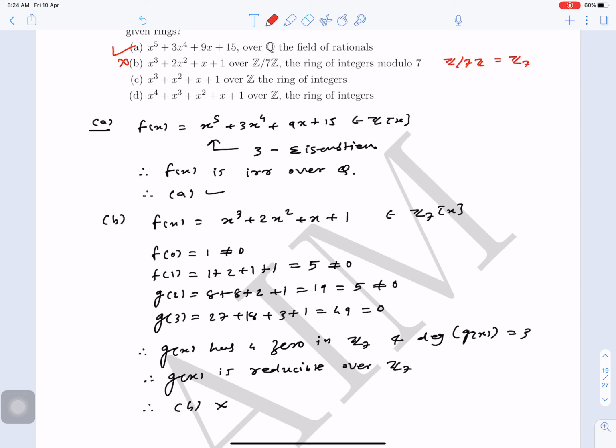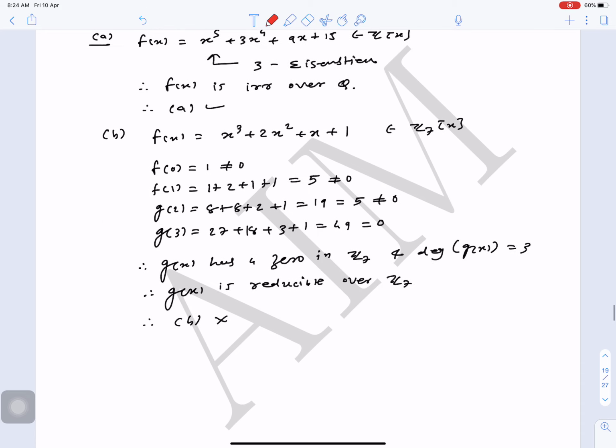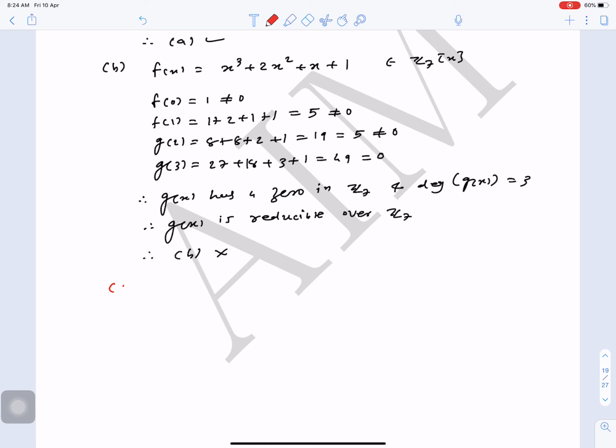Now option C, it is a cubic polynomial, x cube plus x square plus x plus 1 over Z[x]. So for option C, let h(x) be equal to x cube plus x square plus x plus 1.